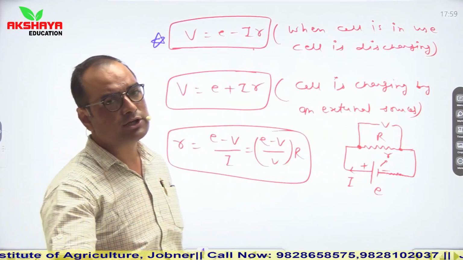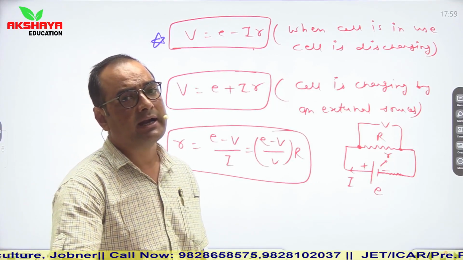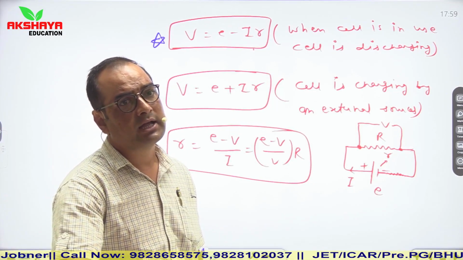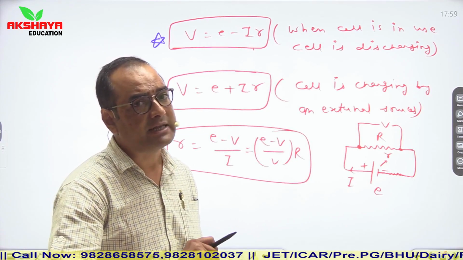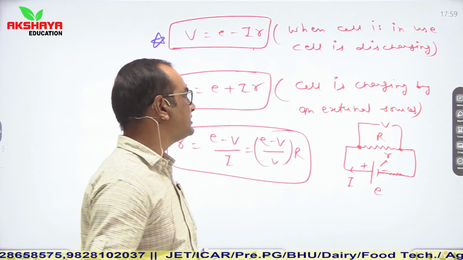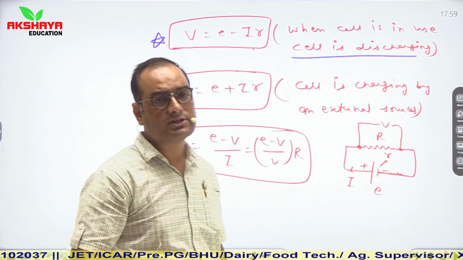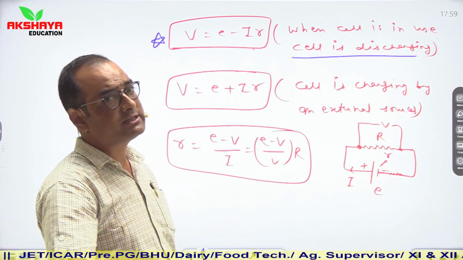So this relation shows that our given cell is being connected in electric circuit with an appliance. It means we can say that our cell is in use, or in other words, we can say that cell is discharging, because it is connected in a circuit.